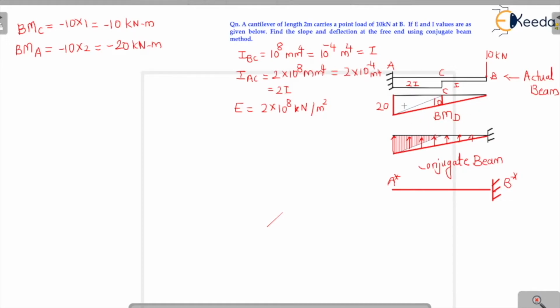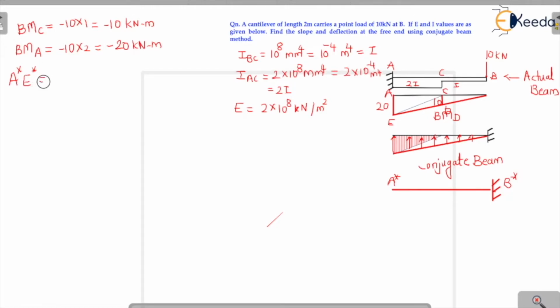Now let me first name the points: this is A, this is E, then this is C and this is D. This is our bending moment diagram, A, E, C, D. Now what are the changes happening? Let us see what will be the ordinate here. I am just writing it here. What will be our ordinate for A star, E star?